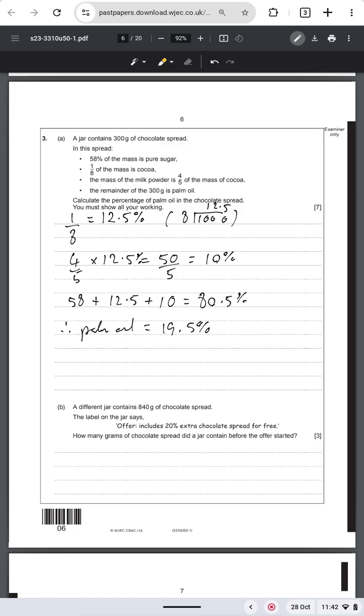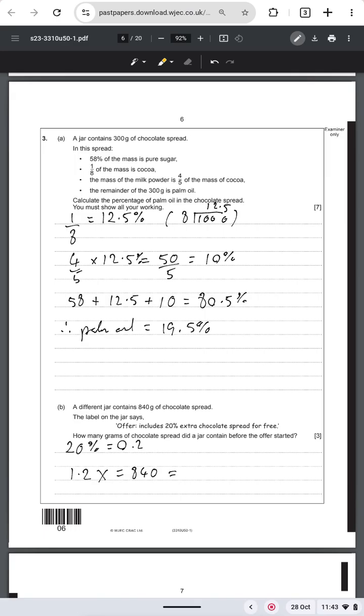So for this, what we do is we take 20% and we can say that that's equal to 0.2. Because the value has been increased from a number up to 840, we can say that 1.2x, which is the value of the original jar, is equal to 840.